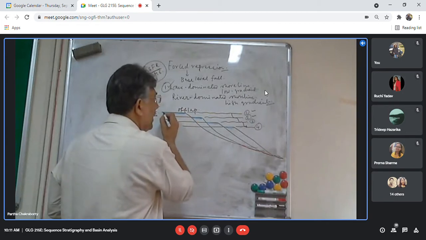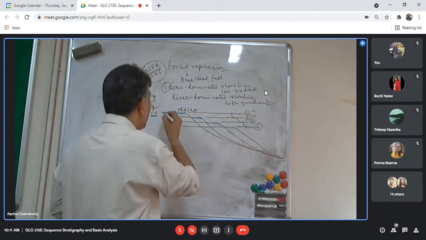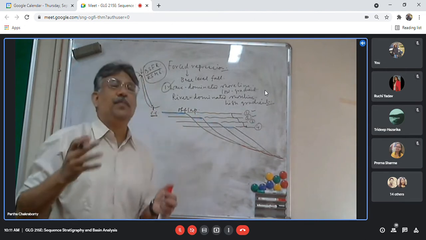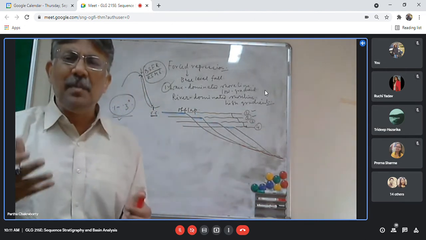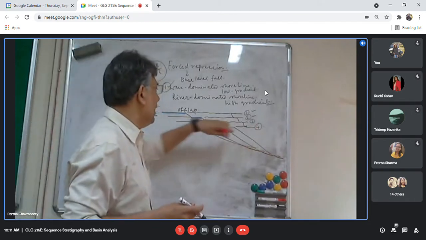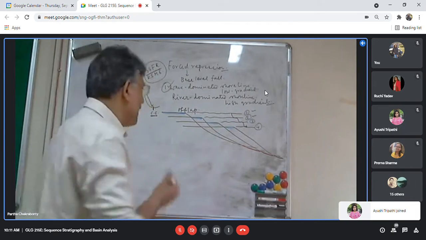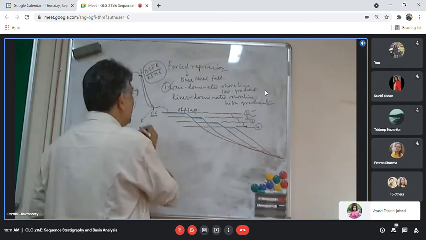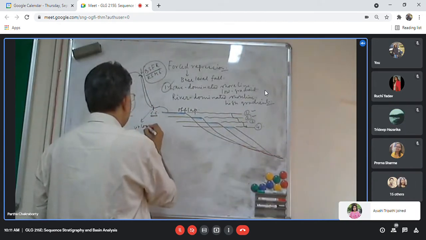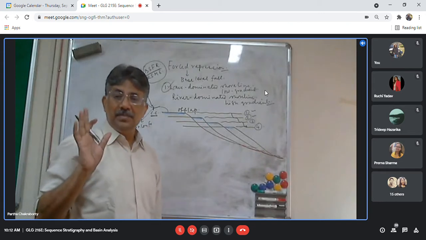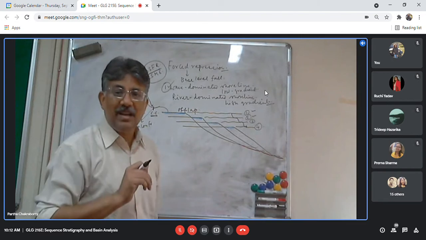And because the sea level is falling, the entire region is now subaerially exposed. The sea level is now here, so everything above it is subaerially exposed, and this is marked by an unconformity. How will I identify this unconformity?